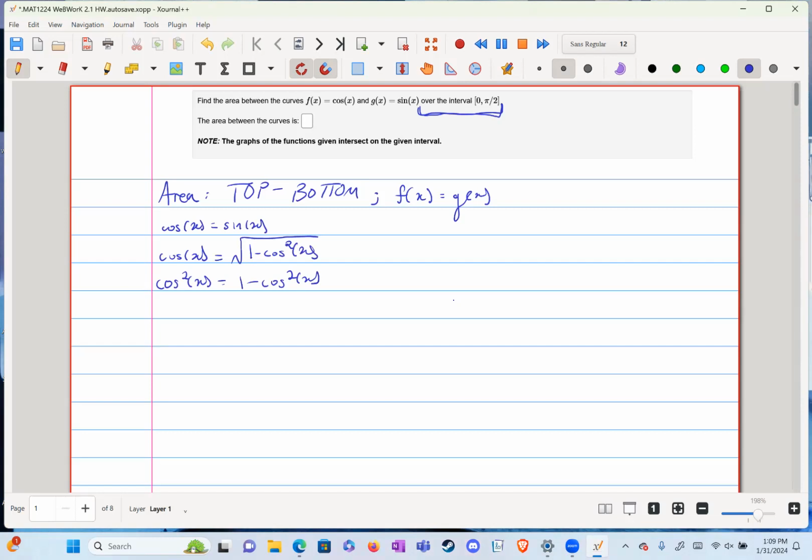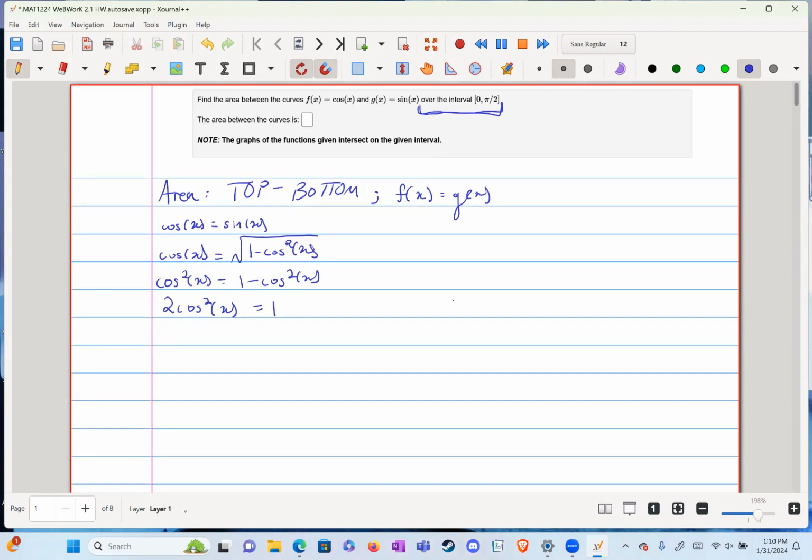Now we just solve for this. Perfect. And we get rid of the 2, it cancels out. Cosine squared of x equals 1/2.